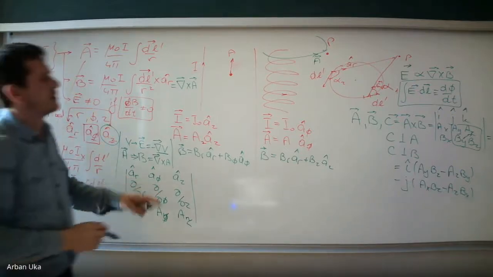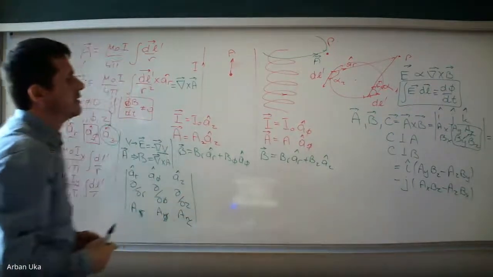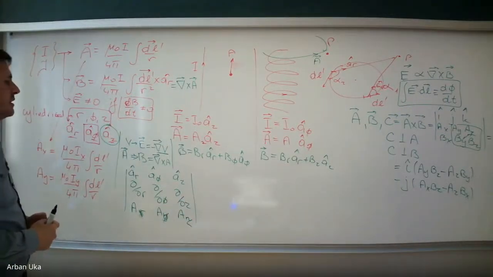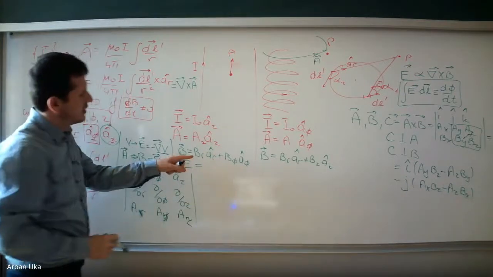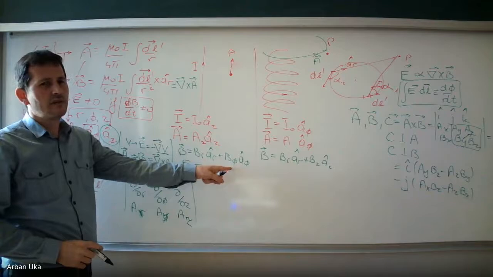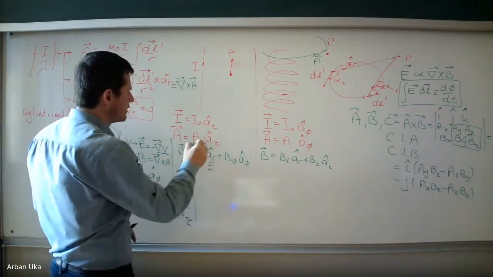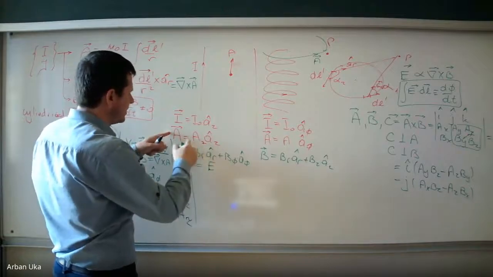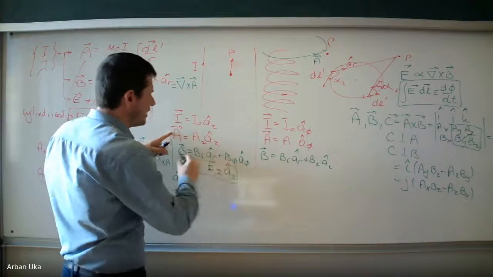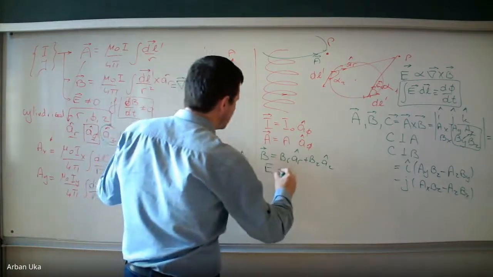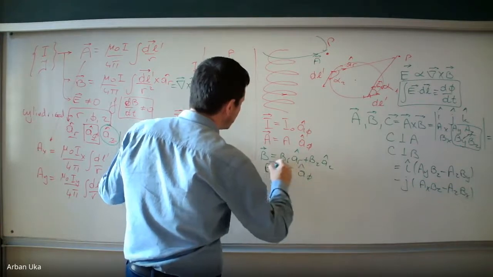Now, whenever the electric field is represented like this, we can say that the electric field is going to be perpendicular to B. If it's perpendicular to B, it will look pretty much like A in the z direction, and here the electric field will look like A times a phi.